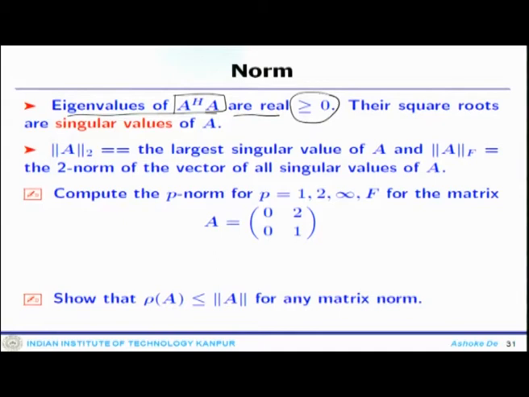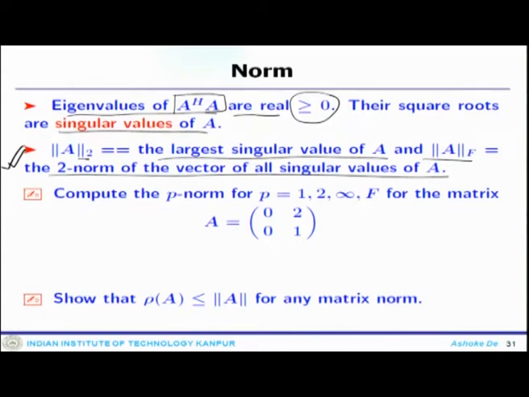That is an important condition, so that their square roots are the singular values of A. Secondly, the norm A_2 is equivalent to the largest singular value of A, and the norm A_F is the L2 norm of the vector of all singular values of A. This is very important information that is applicable while getting these different norms for the matrix.